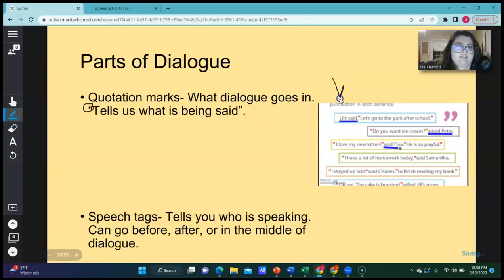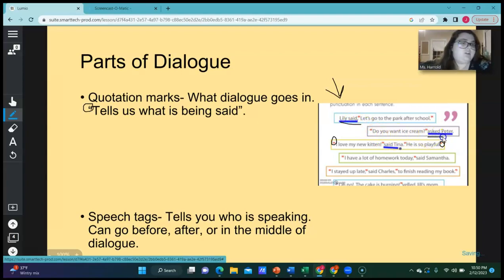So this picture right down here. We can see our little quotation marks in red. They go at the beginning and at the end of what is being said. But like we said, our speech tags, like it says, "Let's go to the park after school," Lily said. This one is in the beginning, and it tells us Lily said that. This one says, "Do you want ice cream?" asked Parker.